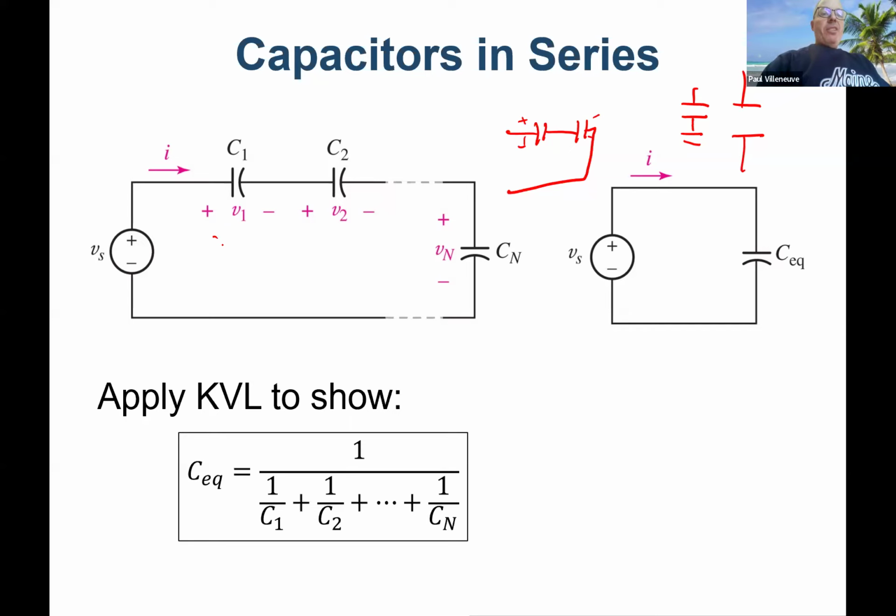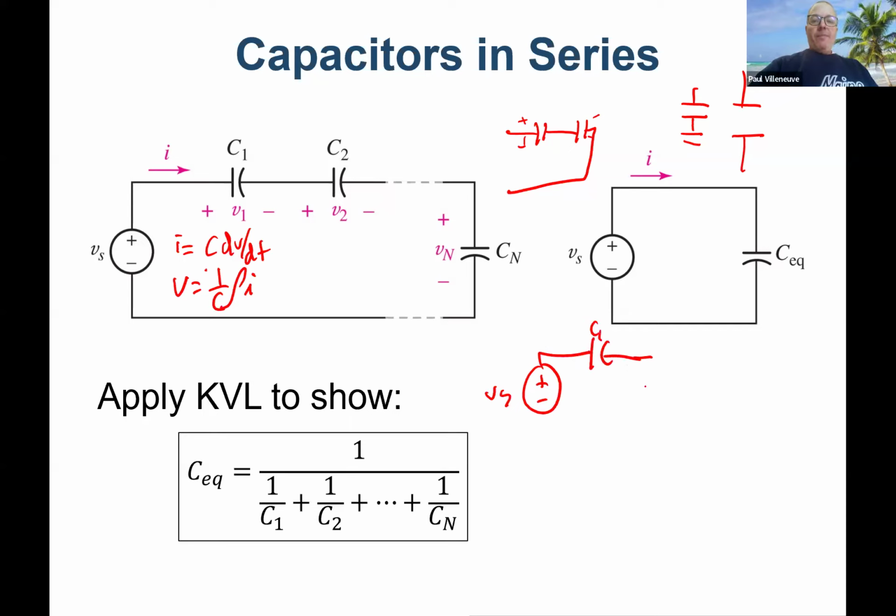Well, remember, I equals C dV/dt, or the voltage is 1 over C times the integral of I. So if I want to just do two capacitors here, C1 and C2, and solve for the equivalent, what I need to do is a KVL loop.